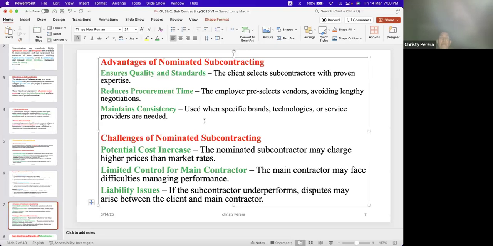If the subcontractor underperforms, disputes may arise between the client and main contractor. Sometimes I might have a problem with the main contractor, not only the nominated subcontractor, because the major part of responsibility goes to the main contractor also.